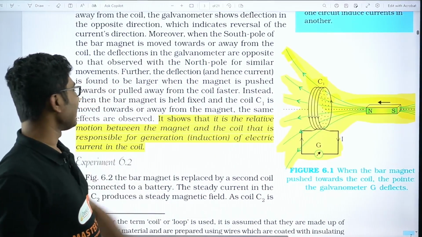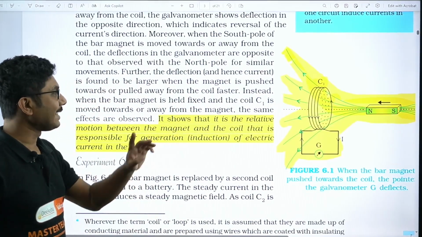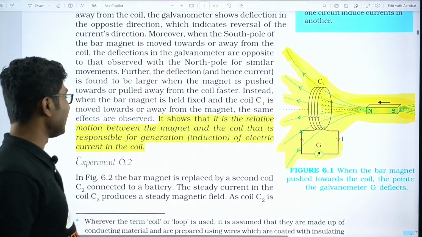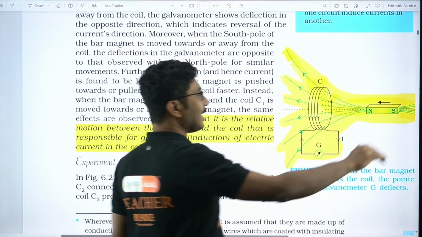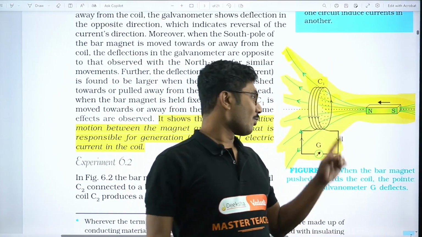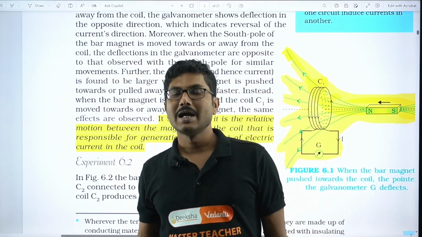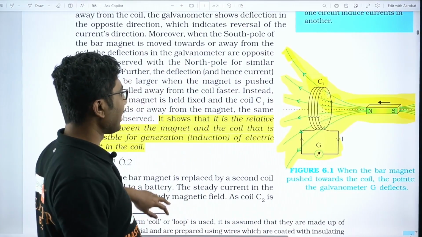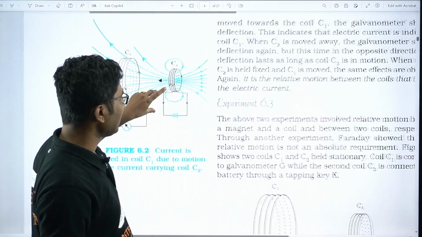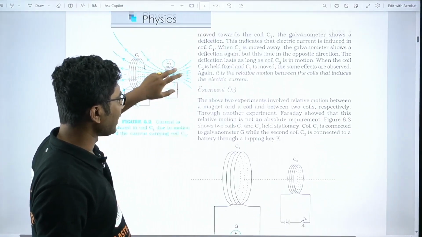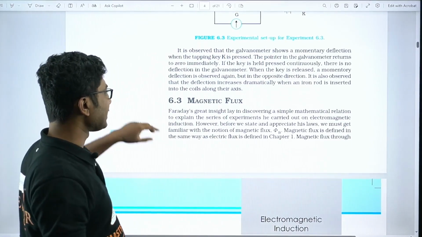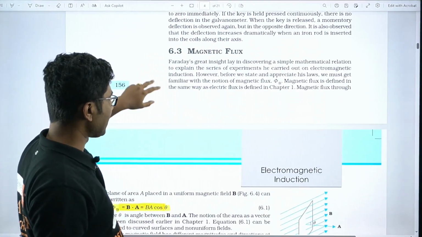It shows that the relative motion between the magnet and the coil is responsible for generation of electric current in the coil. Why so? Because the galvanometer is deflecting. This is the basic outcome of this experiment. There are two more experiments, but those two are not super important for exam purposes; you can read them for academic purposes.